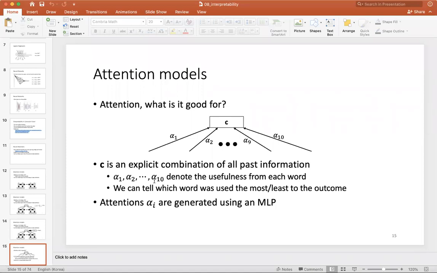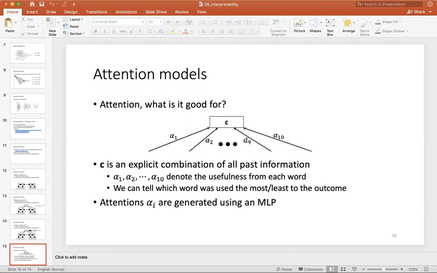So alpha 1 all the way to alpha 10 denotes the usefulness of each word. Because it's a convex sum, you can't have 100 here, 100 here, 100, 100. Your attention cannot put equally strong attention on all time steps. Something has to be stronger, something has to be weaker.